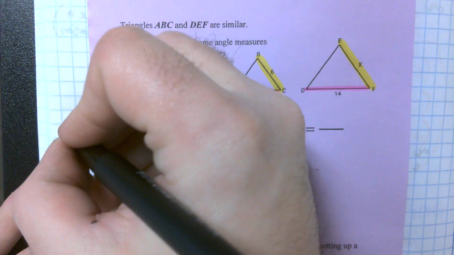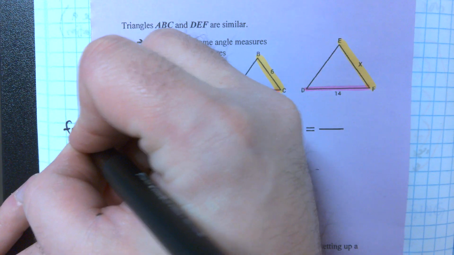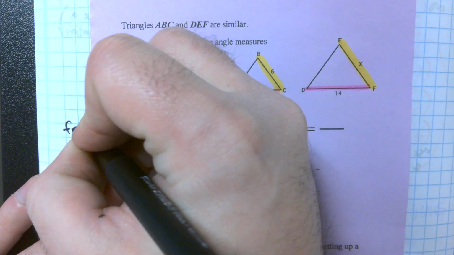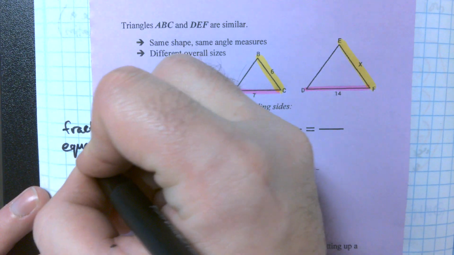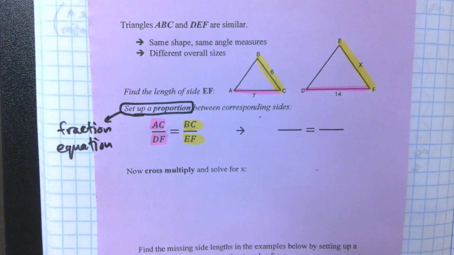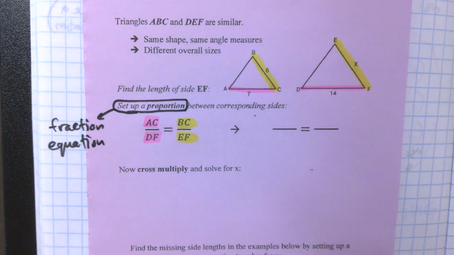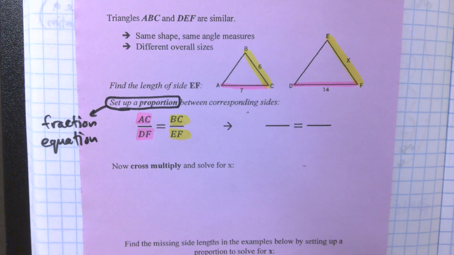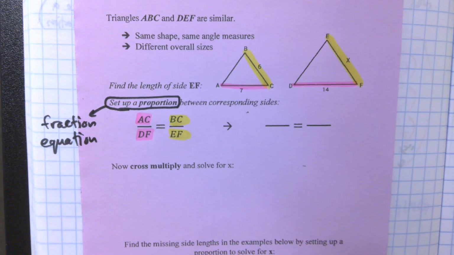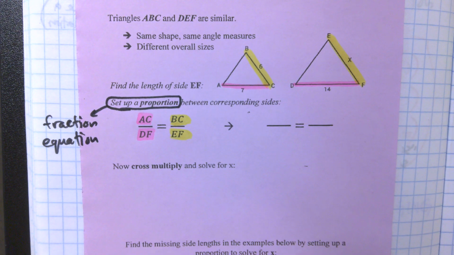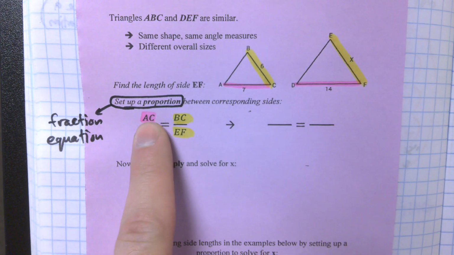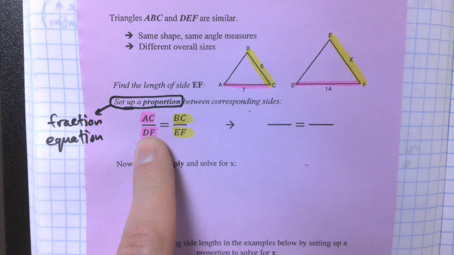Another word for proportion is a fraction. It's like a fraction equation. I'm going to set up 2 fractions, and in my fractions are going to be corresponding sides. So I'm going to put my small pink side over my large pink side.